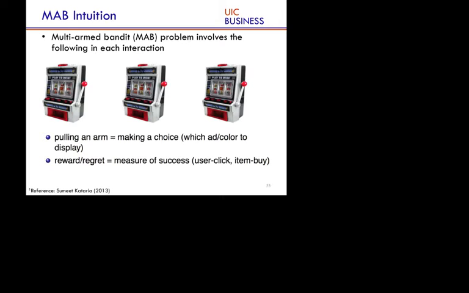It involves the following procedure in each interaction. So what is an interaction? I am again an agent, somebody who wants to optimize something. I'm the company, or the agent, and I want to pull arms. Pulling the arm is just taking an action.